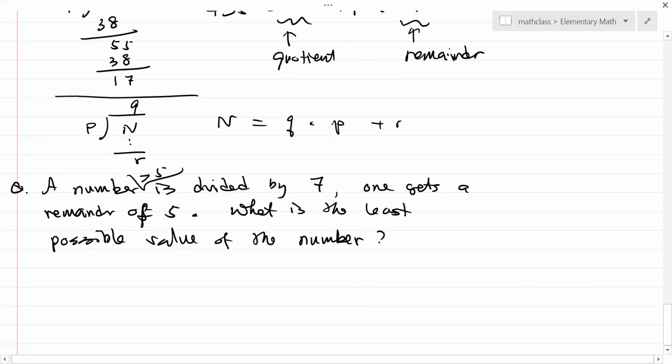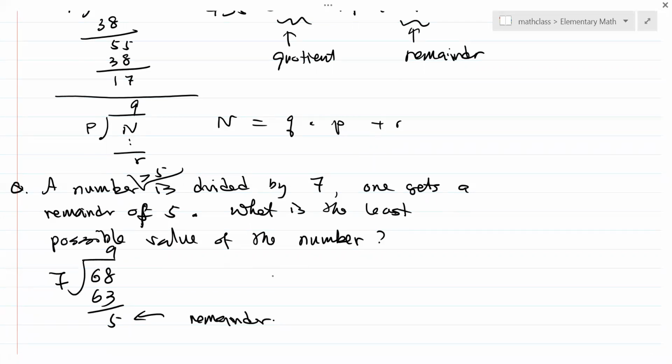For example, 68: if 68 is divided by 7, you get a remainder of 5. 68 is 9 times 7 plus 5.